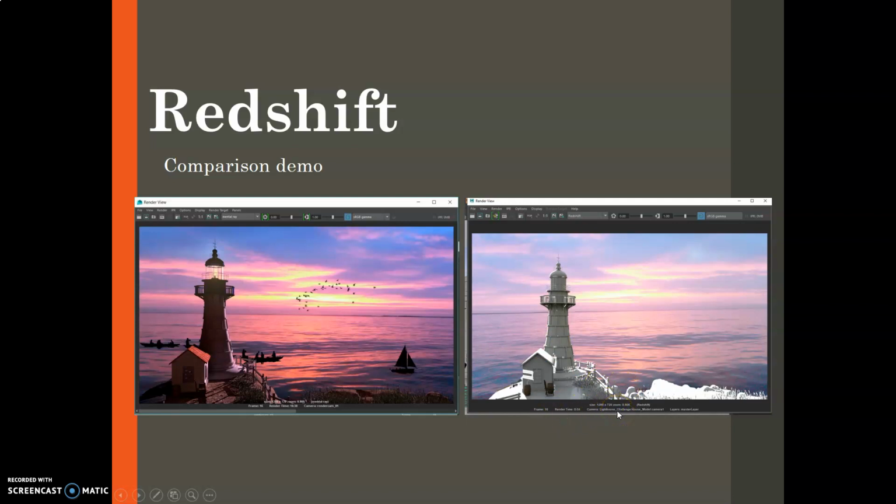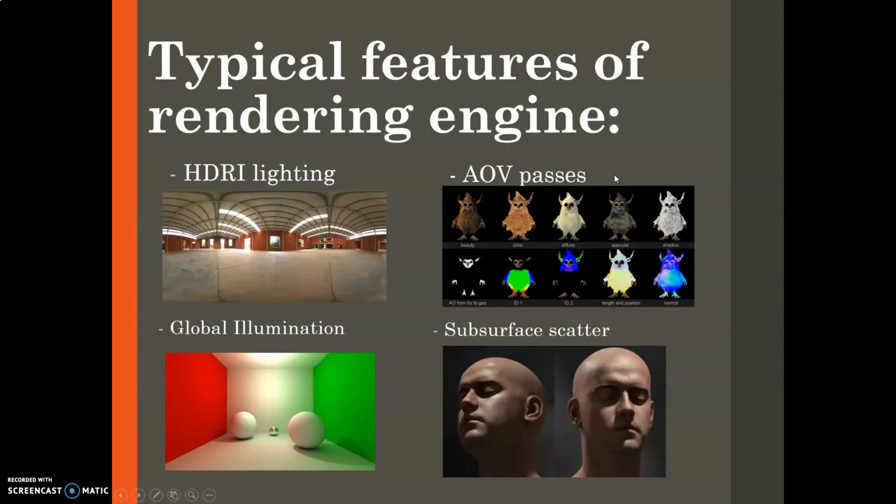I think here it's less than 1 minute to create this nice render, right? It's about 4 seconds, right? So with the texture and all, I don't think it will take more than 1 minute. Okay, so you can see how big the difference is. Okay, so this is rendered using Redshift.